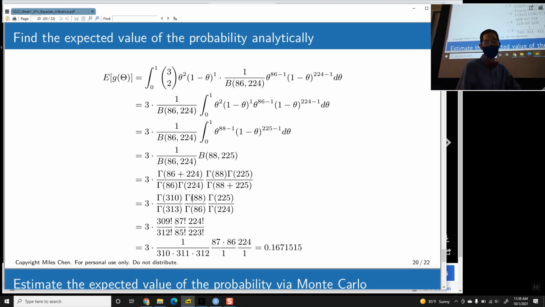And basically, using the identities of what the beta function is, gamma 86 times gamma 224 over gamma 86 plus 224 over here. Here I have gamma 88, gamma 225, gamma 88 plus 225. So now I have gamma 310, gamma 88, gamma 225, gamma 313, gamma 86, gamma 224. We can think of these all as just factorials.